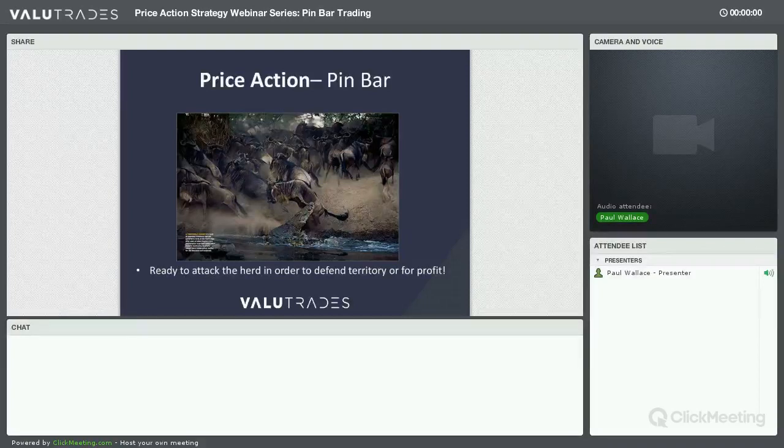So the thing is, at those obstacles, that's when those predators are ready to attack the herd in order to defend territory or for profit. Profit for a lion is getting a nice juicy wildebeest, and that's his particular profit.